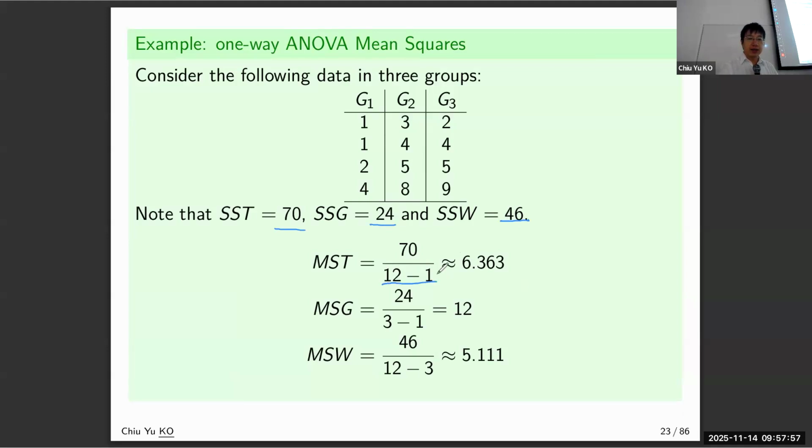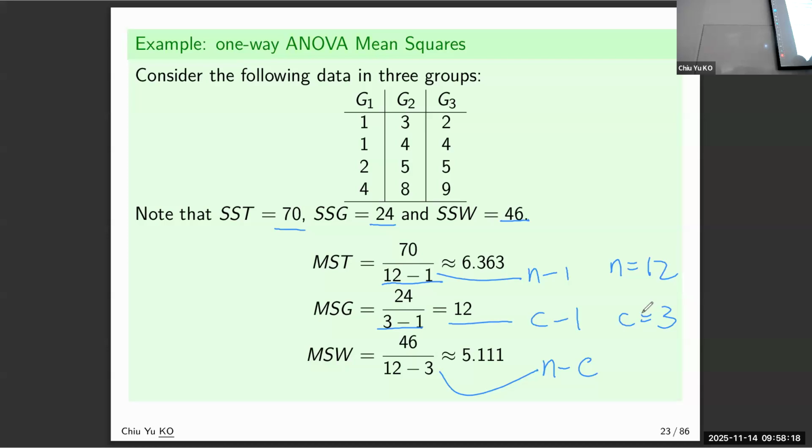You divide by N minus 1, where N is 12, then C minus 1, where C is 3, and then N minus C. So you get all these numbers. Basically you want to compare these two numbers: is 12 much larger than 5 or not? If 12 is large enough compared to 5, then you reject.